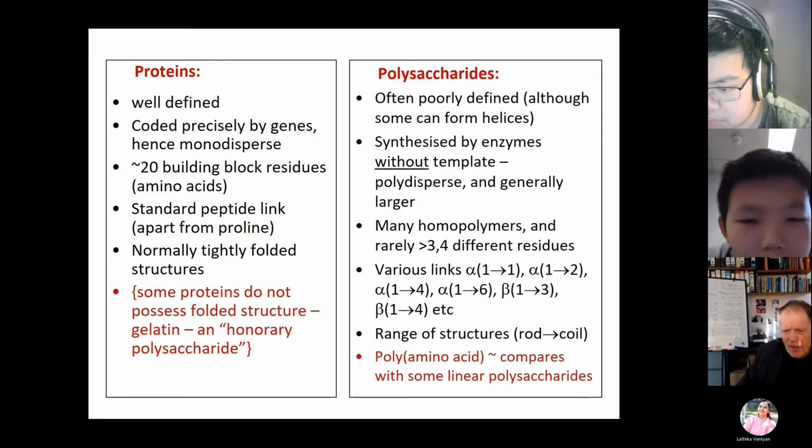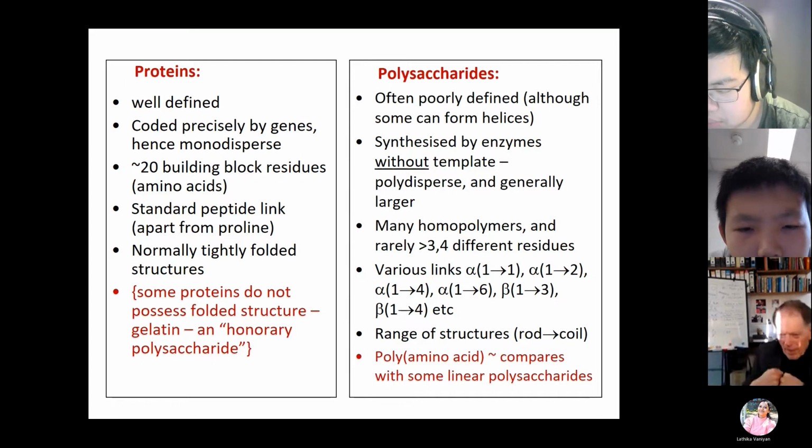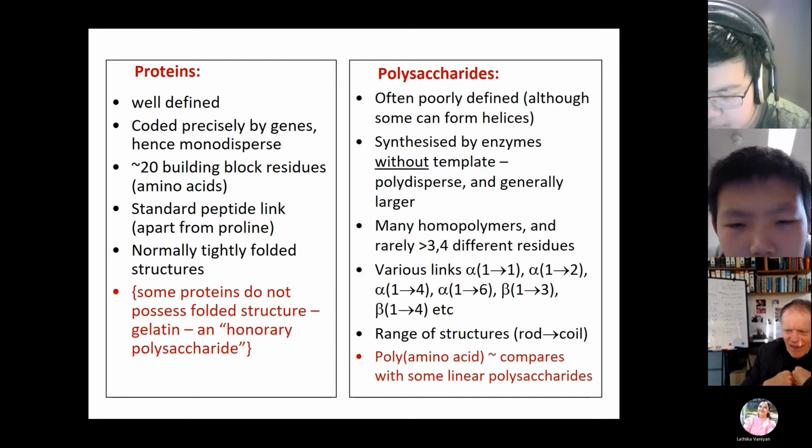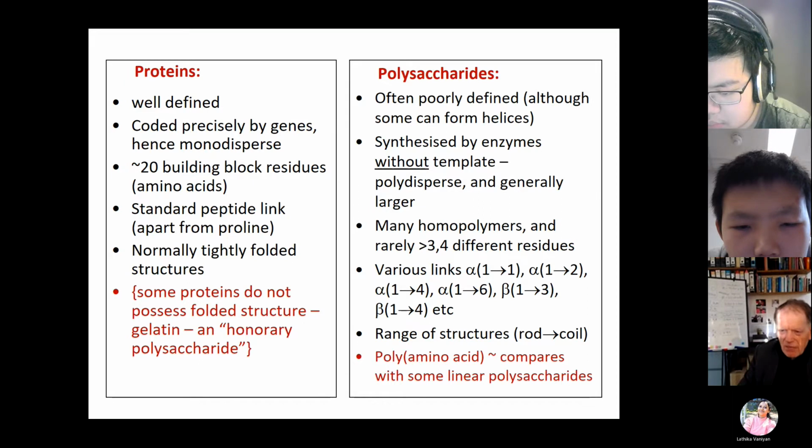And the difference is that the glycosidic bond has a variety of different links depending on which members of the different chains are coming together. For example, alpha depends on the position of the hydroxyl group on the anomeric carbon atom. It's axial or equatorial, and these are the various links that you can get depending on whether it's alpha or beta.